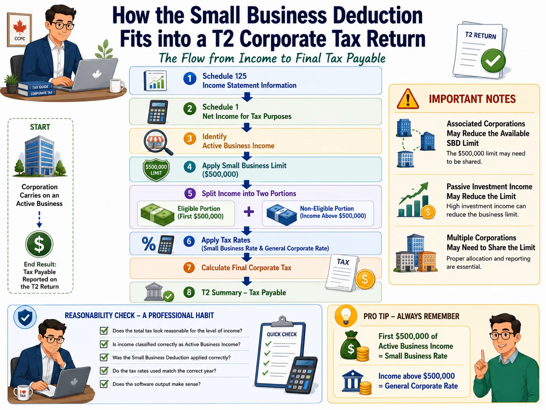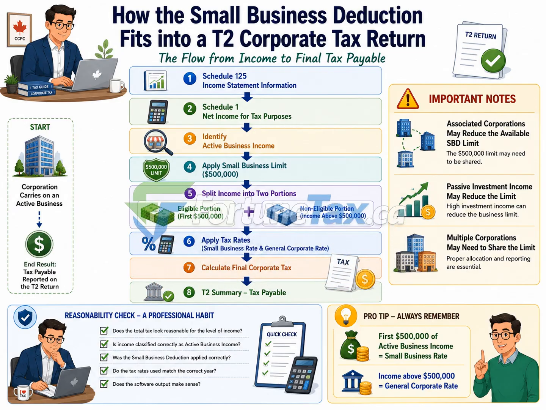Under normal circumstances, this limit is $500,000. The corporation's income is then divided into two portions. The first portion, up to the small business limit, qualifies for the lower small business tax rate. Any remaining income is classified as the non-eligible portion and is taxed at the higher general corporate rate.